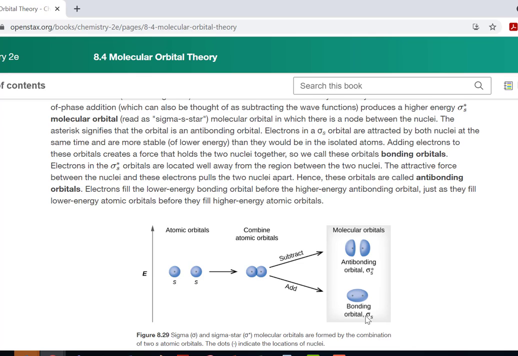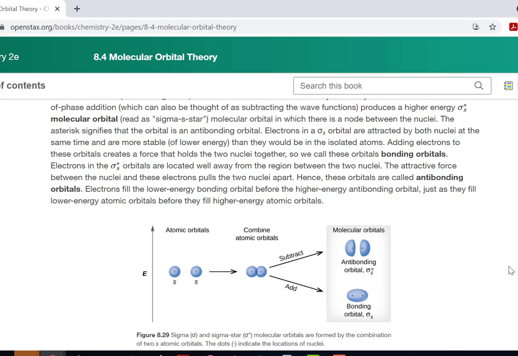So we call this sigma with a subscript s. The s is indicating that we're looking at s orbitals that are combining. And then the anti-bonding orbital, we have sigma subscript s and then a star on it.